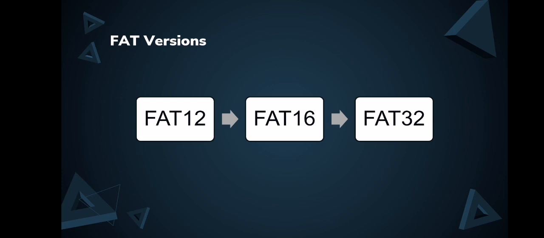There are three versions of FAT: FAT12, FAT16, and FAT32. FAT was created to work with hard drives and subdirectories. The earlier FAT12 used 12-bit cluster addresses with up to 4078 clusters. UNIX supported up to 4084 clusters.